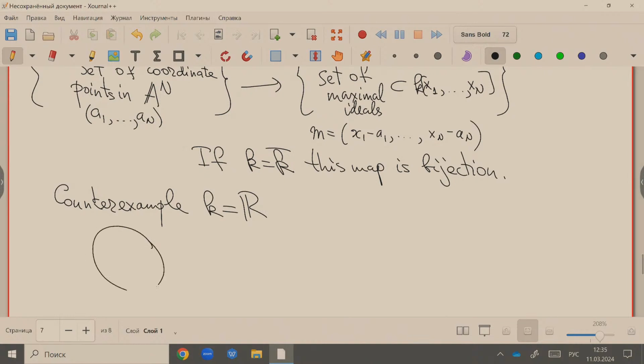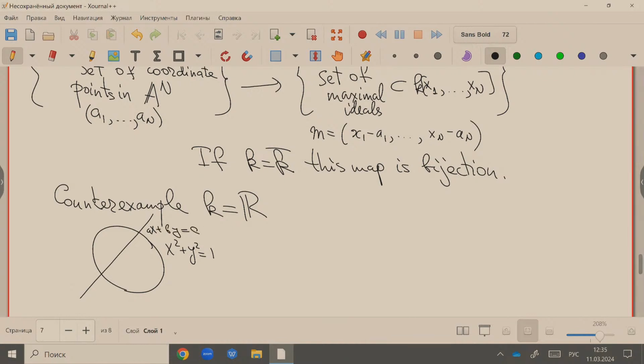Geometrically, I take a circle and intersect it by a line, ax plus by equal to c.